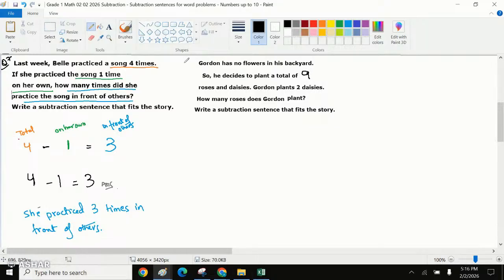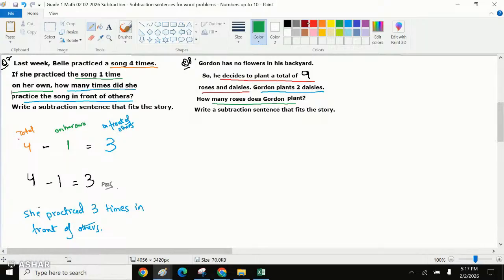For question number 8, they're saying Gordon has no flowers in his backyard. So he decides to plant a total of 9 roses and daisies. If Gordon plants 2 daisies, how many roses did he plant?